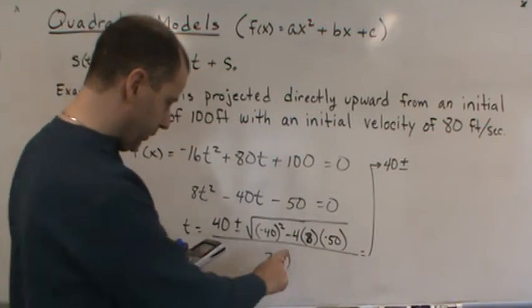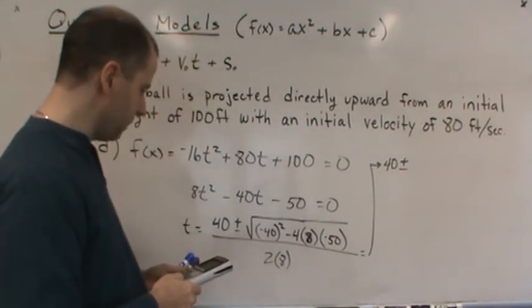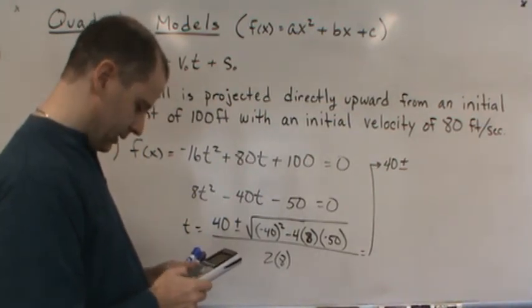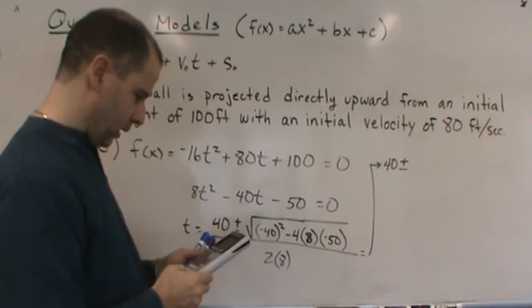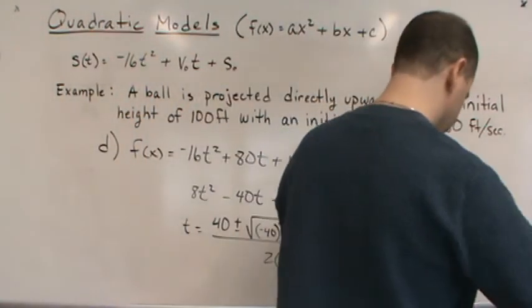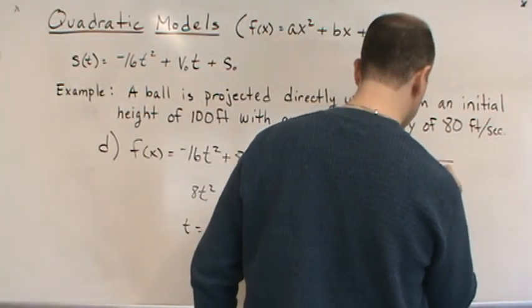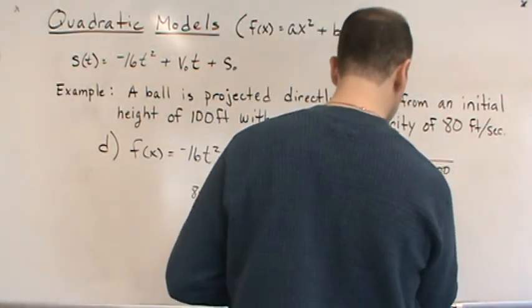And then we've got a minus times a minus, which is going to give us plus. So plus 4 times 8 times 50, and so we get 3200. Okay, so this is going to be the square root of 3200, and we're dividing by 16.